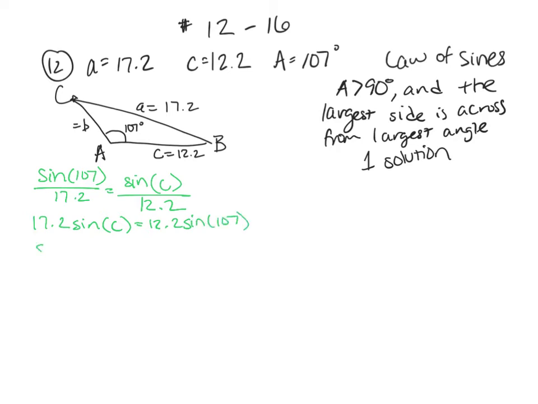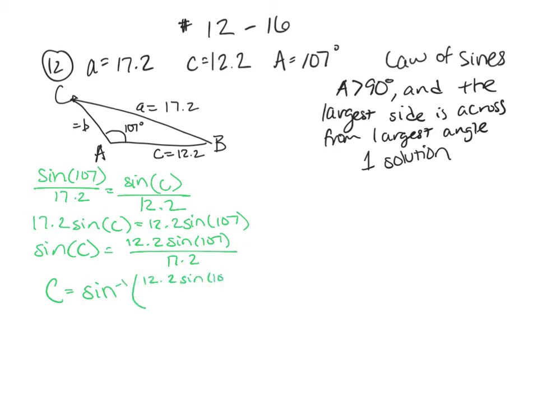Divide both sides by 17.2. And then from here, in order to get C by itself, you have to use sine inverse on both sides. We're going to have sine inverse of all of this stuff. And when you plug that into the calculator, you get C is 42.7 degrees.